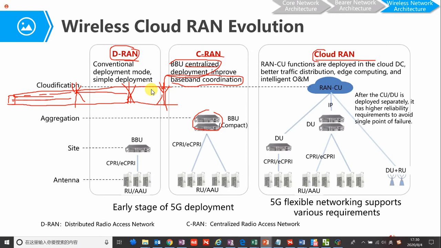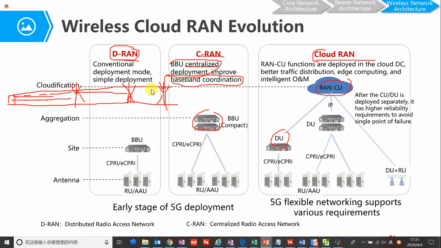This BBU is separated into CU and DU. CU may be called the central unit, and DU the distributed unit. For the processing which needs low latency, real-time processing will be in the DU at the base station side.